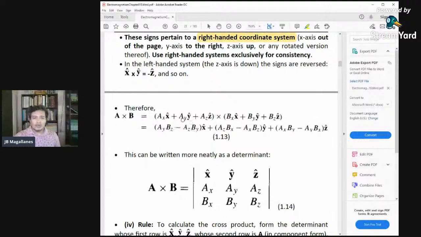If you do expanded multiplication of these quantities, for example, ax x hat cross bx x hat would be 0 because x hat cross x hat is equal to 0. So all the zeros will cancel, and you'll be left with only 6 terms. All the other 3 terms would go to 0. And so your cross product would just be equal to this.